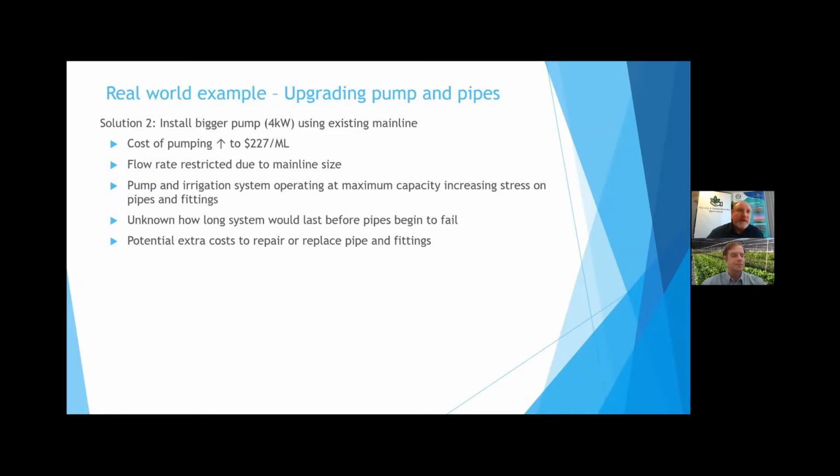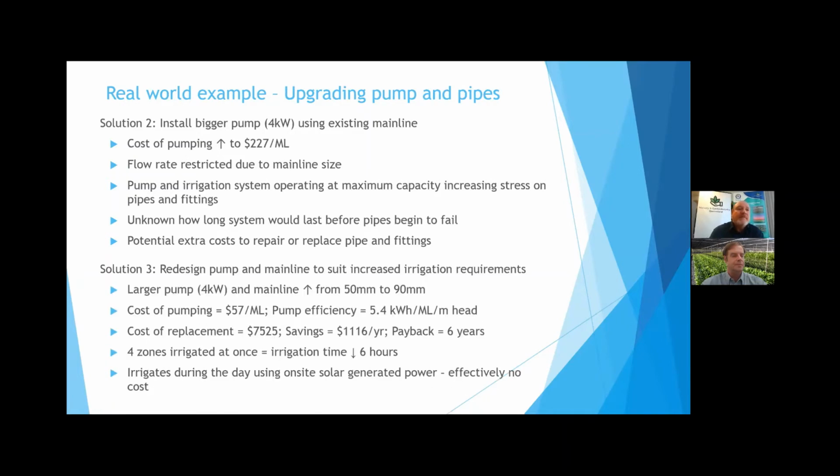When we decided to look at another option of actually redesigning it and replacing the pump and main line, it came out as a much better option. So instead, it was decided that the pump and main line would be replaced. The pump was a 4 kilowatt pump, and the main line went from a 50 millimetre to a 90 millimetre main line. Cost of pumping was reduced down to $57 per megalitre as opposed to the $126 or $227.